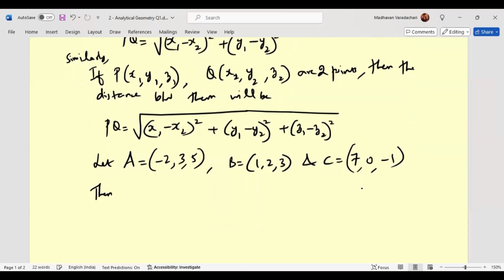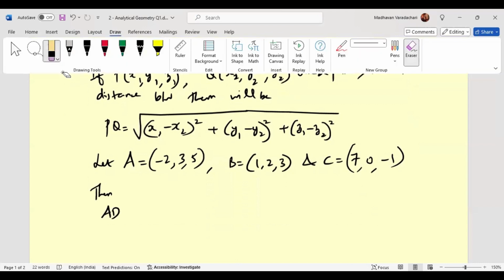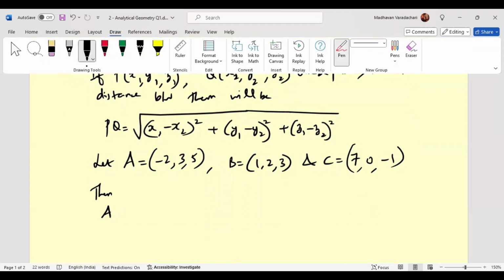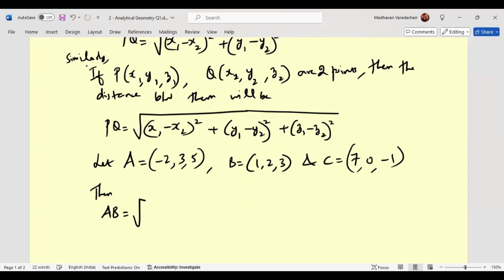Then AB will be root of (-2 minus 1) the whole square, plus (3 minus 2) the whole square plus (5 minus 3) the whole square.